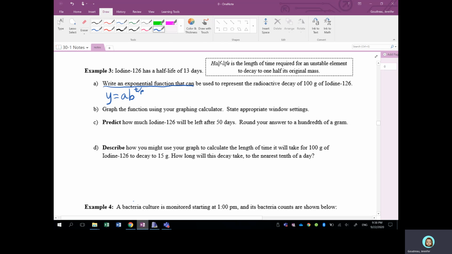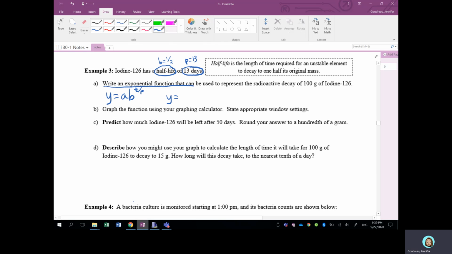And that fraction, that rational, stays in the exponent when we're writing this equation. For this one, right off the bat, I see half-life. That's our growth rate. Our base is 1/2. It does that every 13 days. There's your p value. So we already know what b and p are.